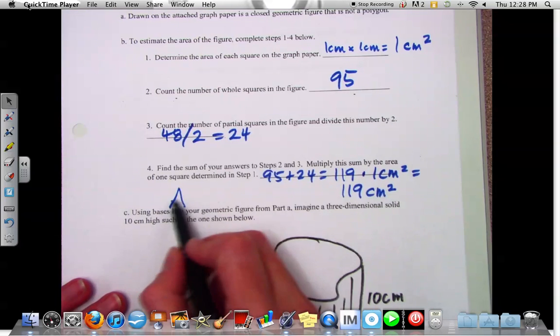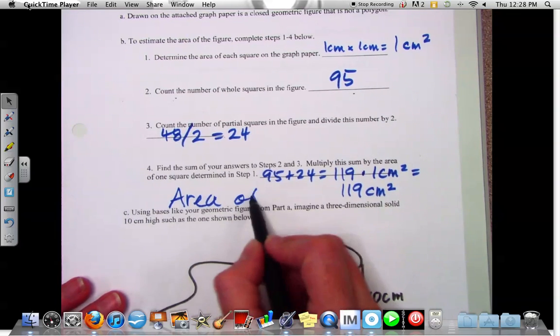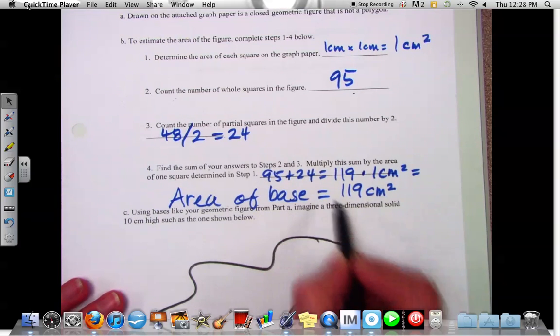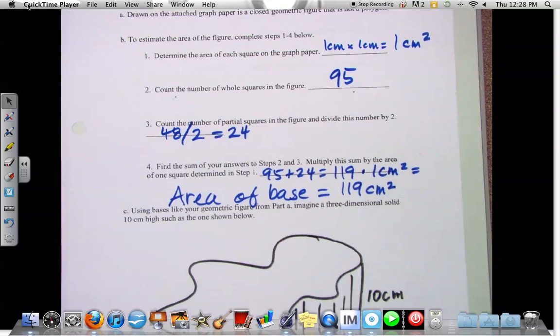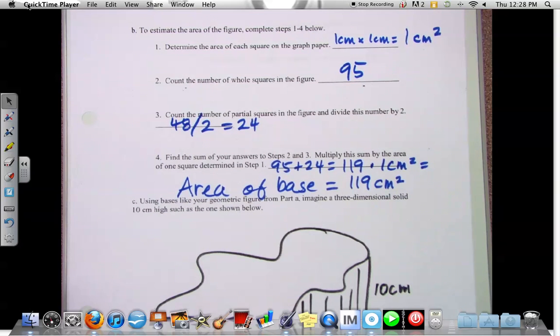This is the area of our base. And your area is going to be close. It might be slightly different than mine. And that's okay. So it's like finding the volume of a cylinder. You have to find the base first. And then we do what? Multiply by the height.